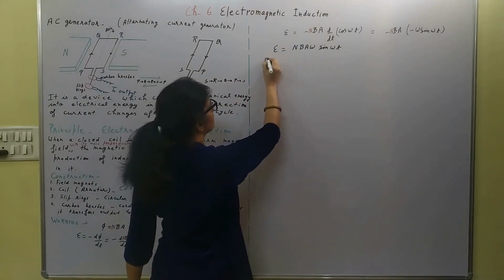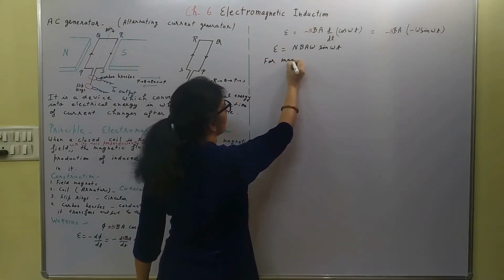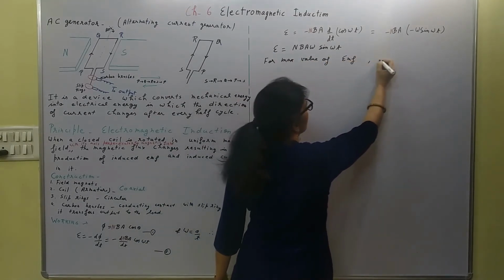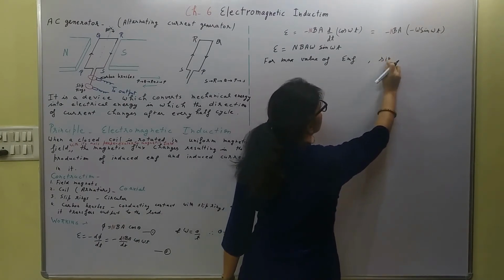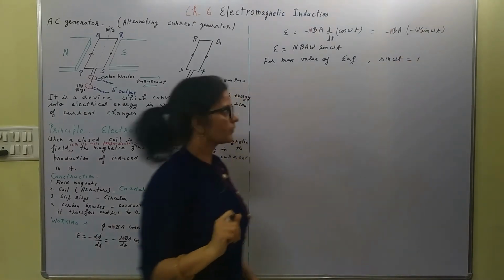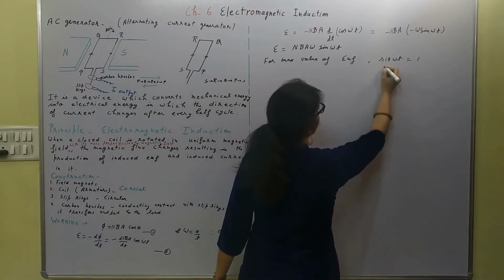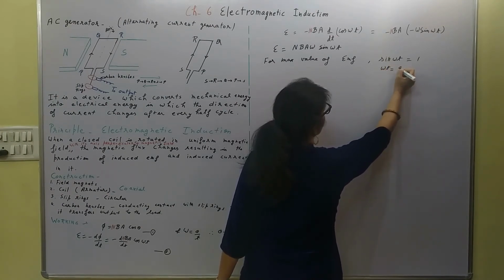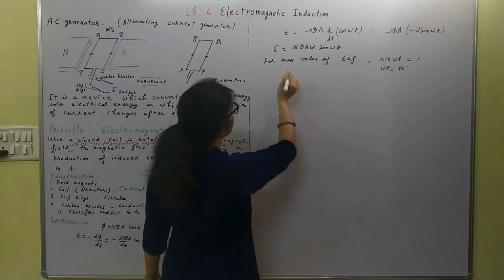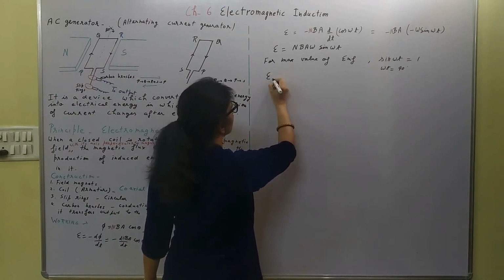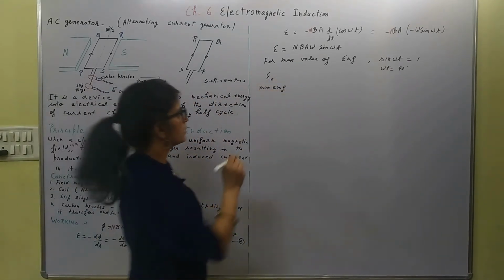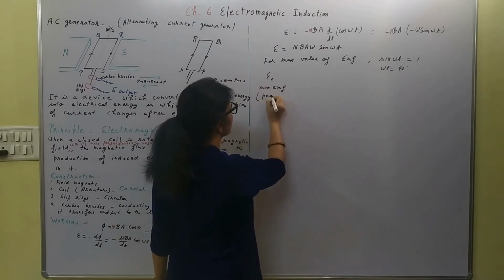For the maximum value of EMF, sin omega t is 1. That means omega t is equal to 90 degrees, right? So from here, that maximum value can be denoted by E naught, or this is also called the peak value.